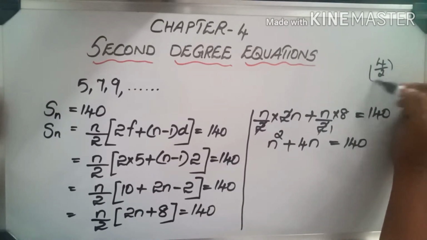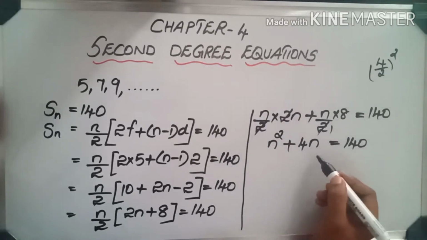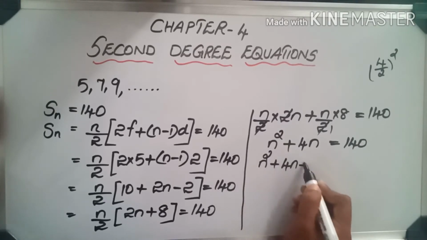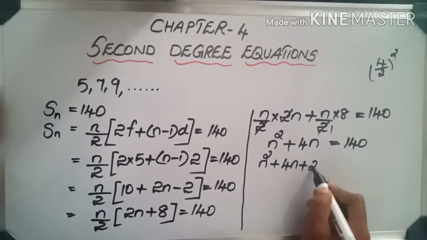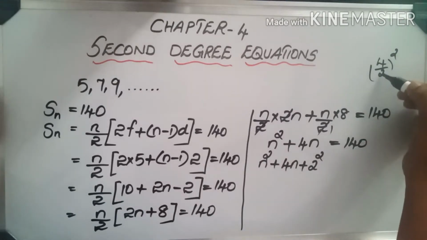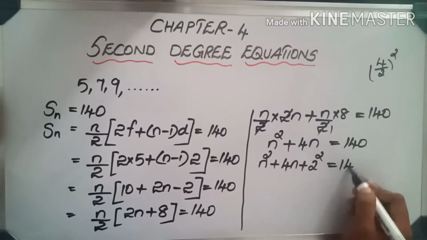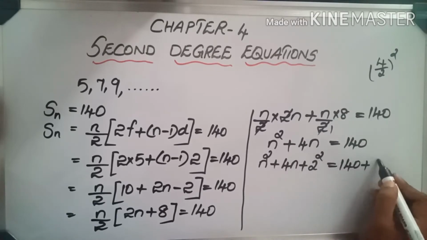Half of 4, and then its square: 4 by 2 is 2, and 2 square we have to add on both sides. So n square plus 4n plus 2 square, that is equal to 140 plus 2 square, which is 4.